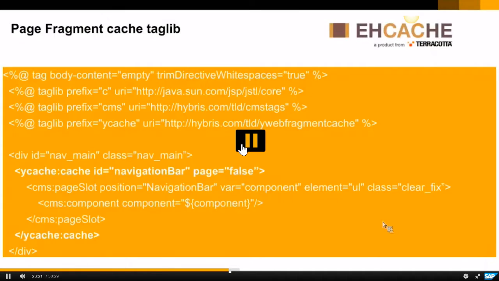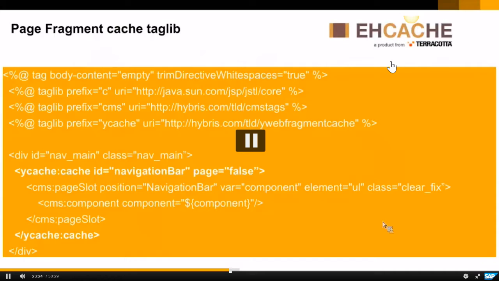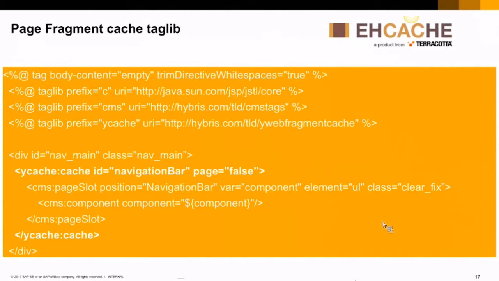Something that is more flexible that we use quite often in expert services to fix quickly some performance issues with the JSP and with the rendering of the JSP is to use fragments of cache with tag libs. So we have created tag libs. It's very easy to do. Obviously, if you have expert services in your project, you can ask, but by yourself you can do it as well.